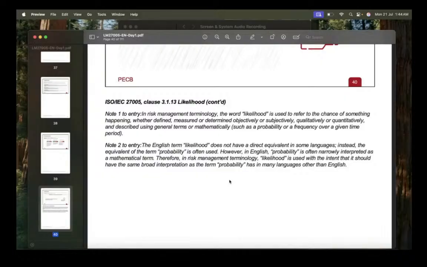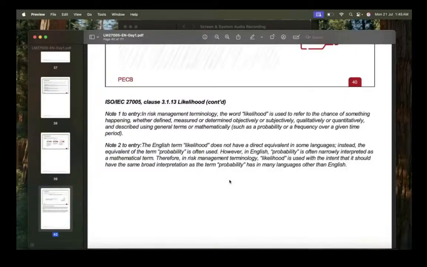Similar to that, it can be qualitative or quantitative and described using general terms or mathematically. The next thing it talks about is the English term likelihood. The English term likelihood does not have a direct equivalent in some languages. Instead, the equivalent of the term probability is often used. However, in English, probability is often narrowly interpreted in mathematical terms.